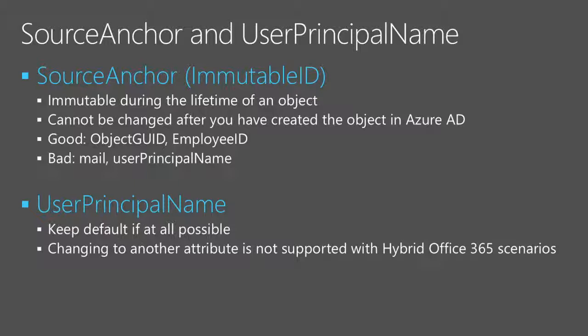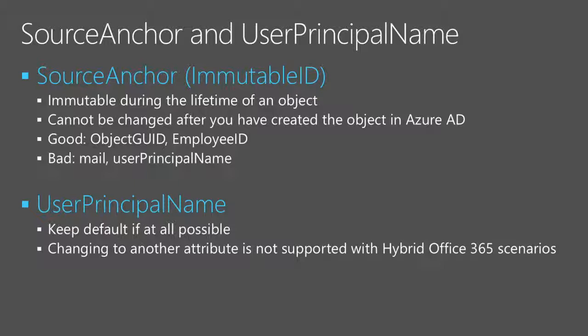So it's something that cannot be changed. So if you created an object in Azure Active Directory, you cannot change that ever. So a good attribute to pick is objectGUID, which is the default. ObjectGUID will work fine if you're not moving users between forests. If you're moving users between forests, well, the GUID would change, wouldn't it? So in that case, you need to pick something else, like an employee ID.